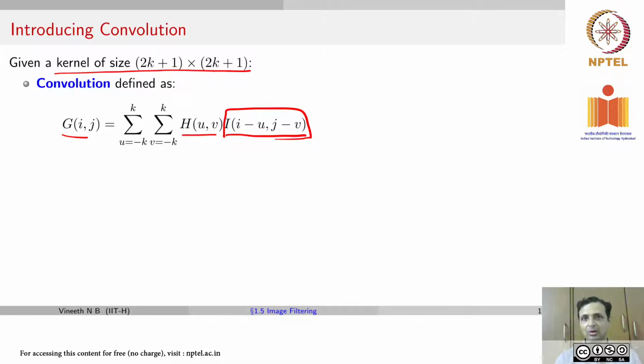What are you doing here? When you're doing the operation itself, you're double flipping the filter so that your output turns out to become the same as the filter itself.